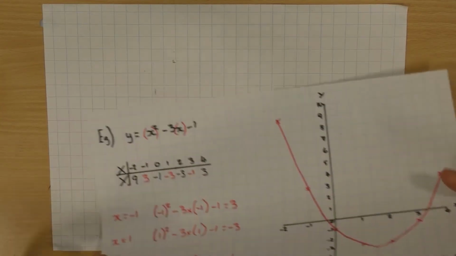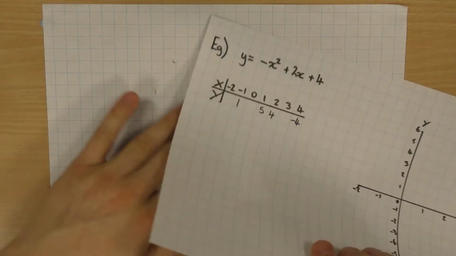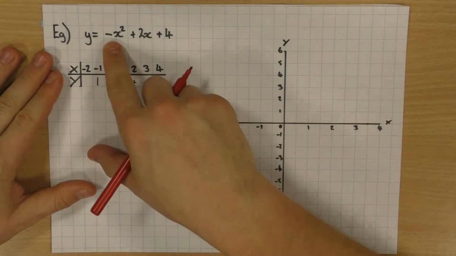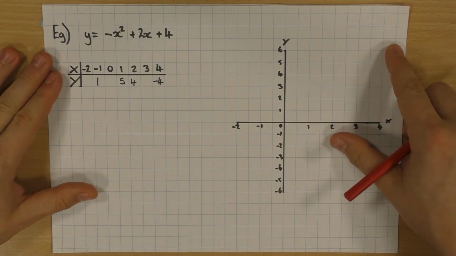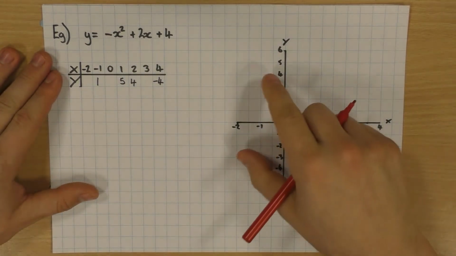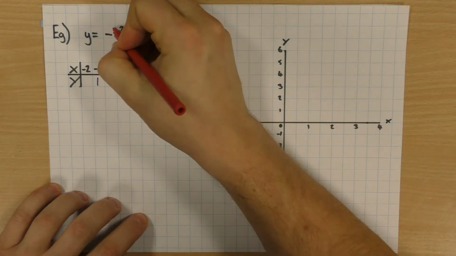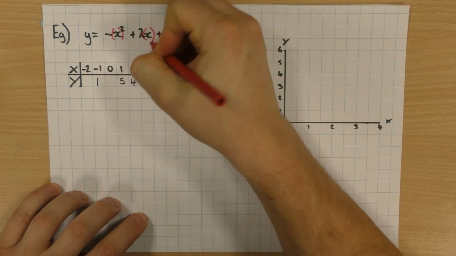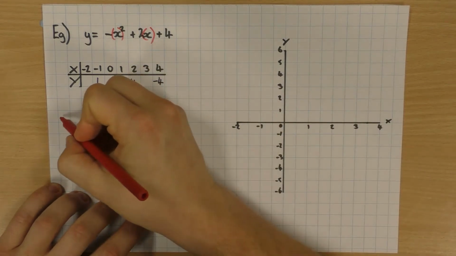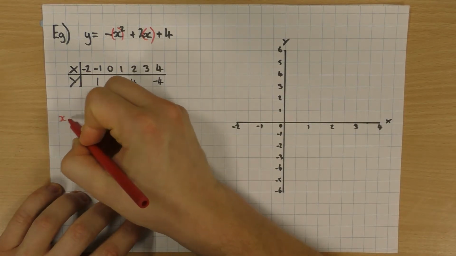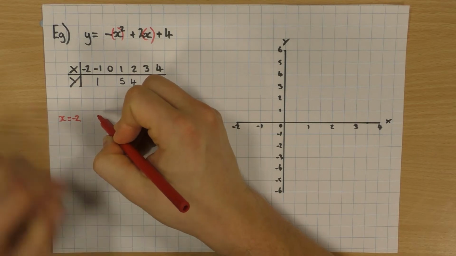The last thing that I want to show you before I stop the video is what could happen if it was a minus x squared. Well, it's still going to be a curve, but let's plot the points and then I'll show you what happens. So again, I'm just going to put the brackets around my x's. X is minus 2. So let's put minus 2 into here.